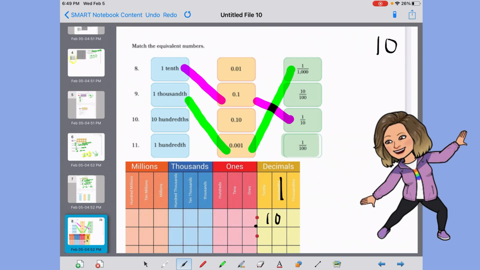So 10/100ths is going to look like that. Also going to go right there. Next we have 1/100th, which goes all the way up there and right there.